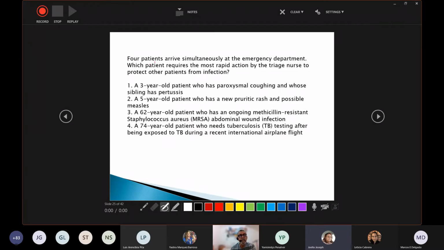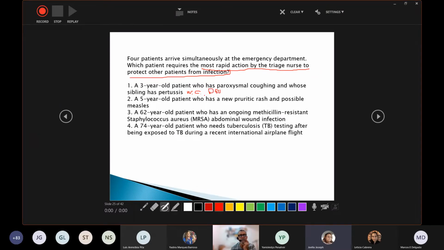4 patients arrive simultaneously at the ER. Which patient requires the most rapid action by the triage nurse to protect other patients from infection? So which one is the most contagious? A 3-year-old who has paroxysmal coughing and whose sibling has pertussis, so whooping cough possibly, and this is droplet.